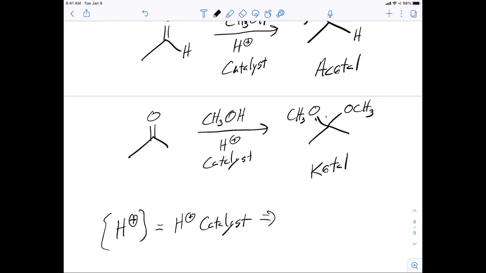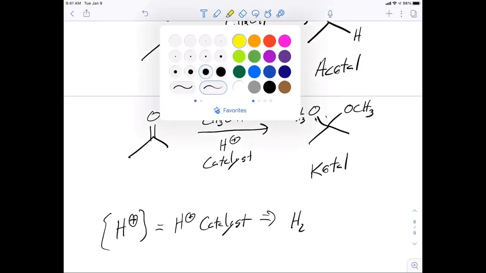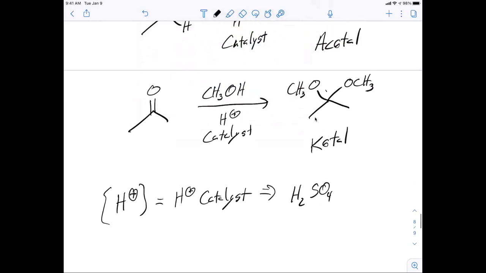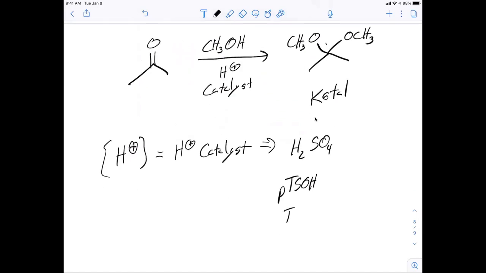The ones that you're going to see them use most often are going to be sulfuric acid. Right? But in some cases, you're going to want to not have any water around, and sulfuric acid always has water. It's an aqueous acid. So for anhydrous conditions, you'll see PTSOH, right? Or you might see it written TSOH, right? Both of these are interchangeable in most textbooks.